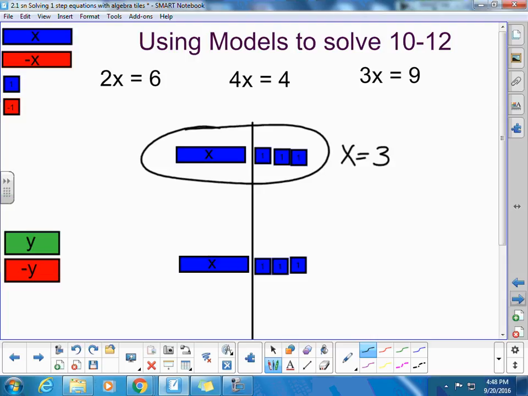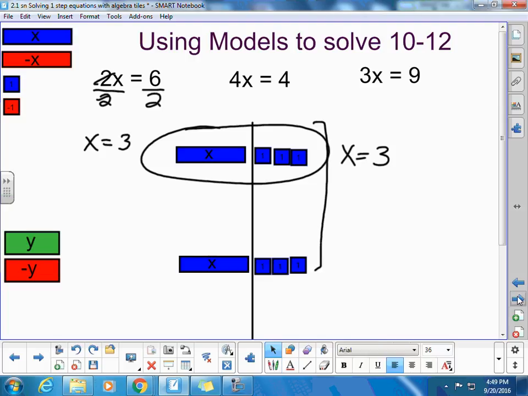So what we did is we divided our candy up between 2 people. And 2 divided by 2 is just 1, so we get x equals 6 divided by 2, which is 3. That's how we do it mathematically, and this is how we do it using a model.